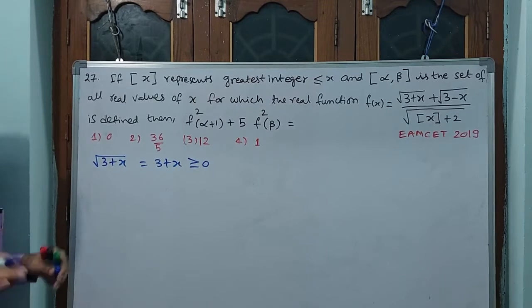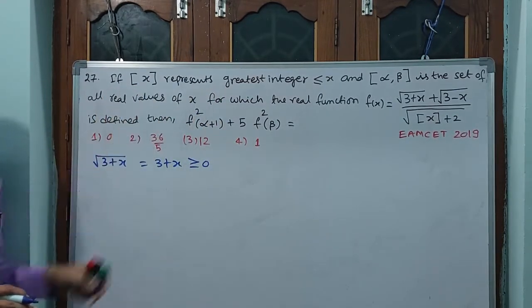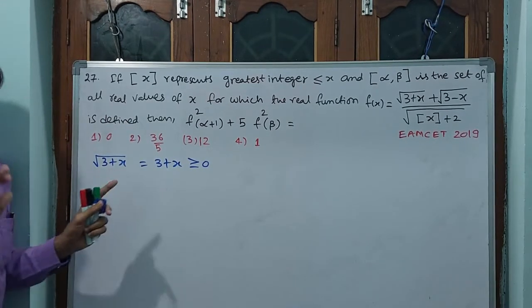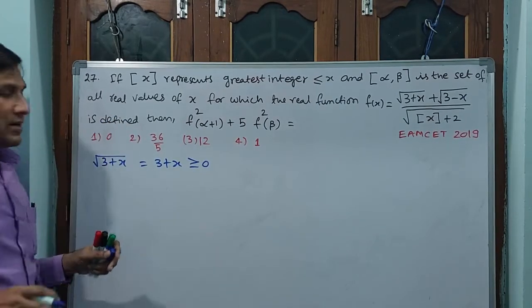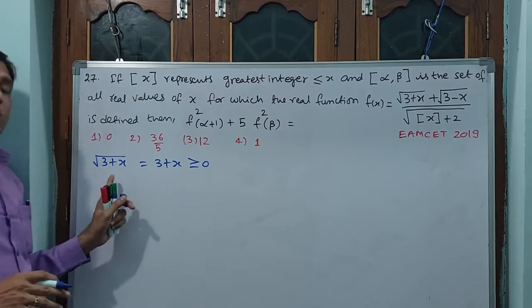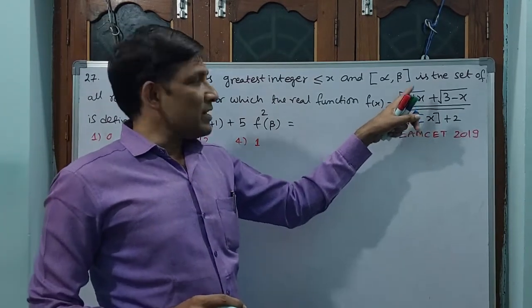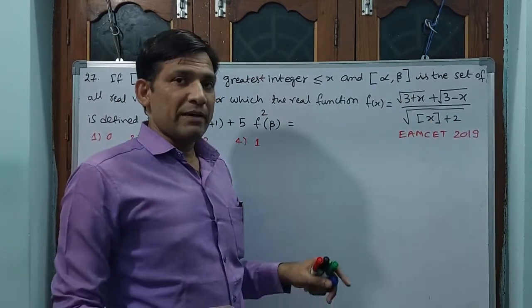Somewhere they have written real values, so we have to consider real roots only. Complex numbers would give roots of minus numbers, but we are not discussing that in this question. If 3 plus x is equal to 0, what will happen? When 3 plus x is in the numerator, even if it is 0 there is no problem, because 0 by something is 0.